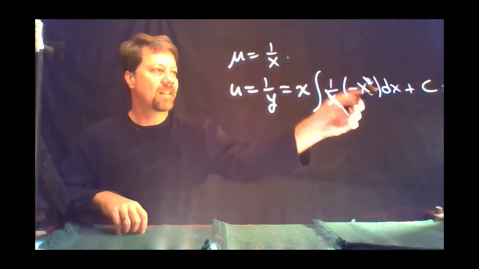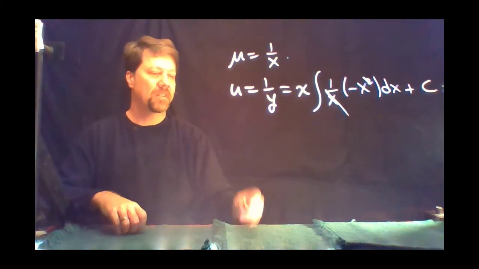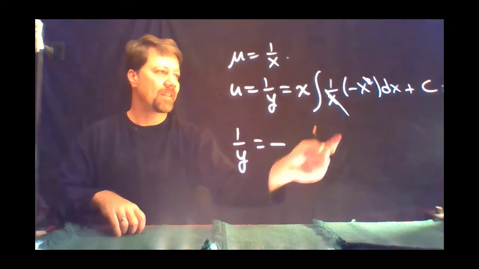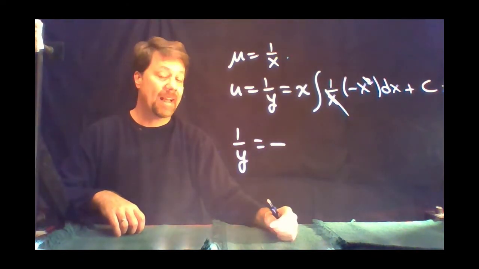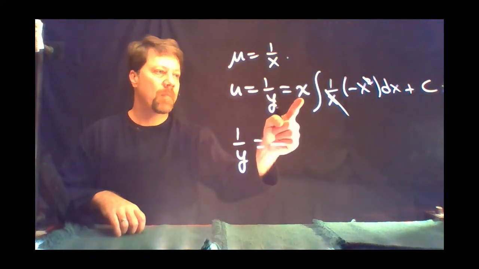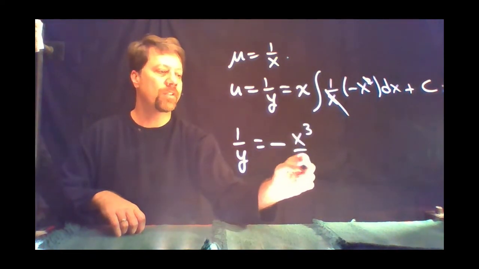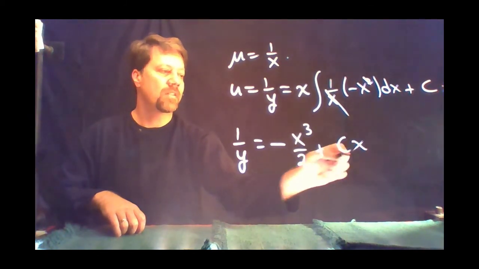By making a cancellation and integrating, we get 1 over y is minus, when we integrate x, we get x squared over 2, but we're multiplying by another x, we'll have x cubed over 2 plus c times x.